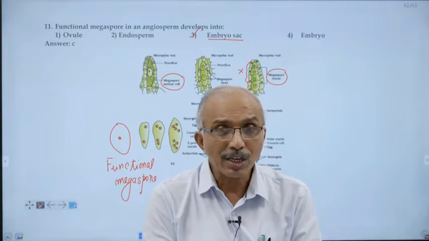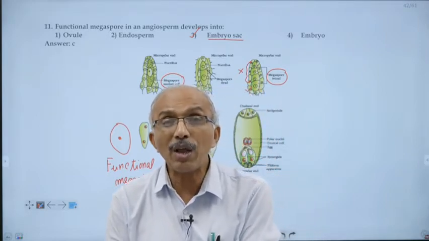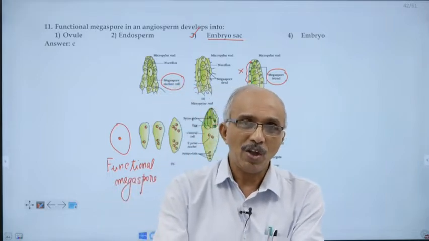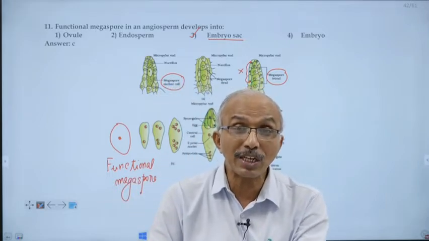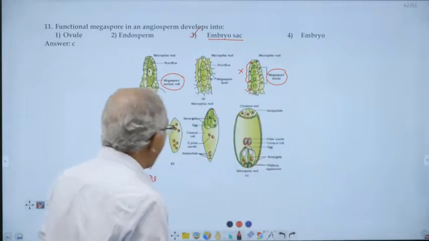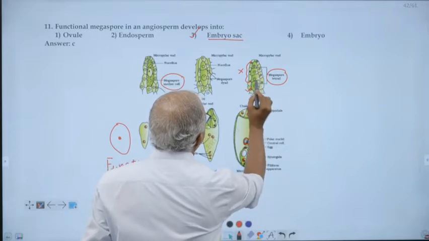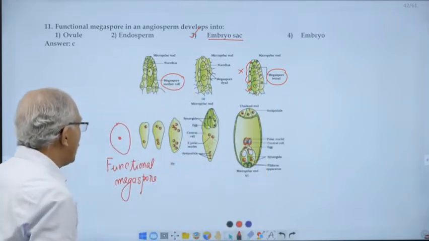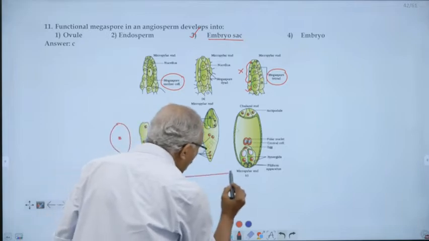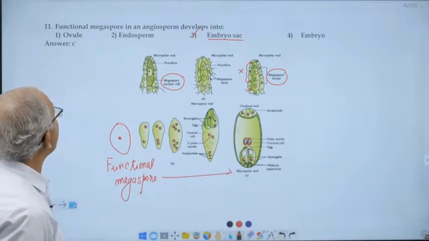So each meiosis produces four megaspores, but only one is functional. The functional megaspore produces the female gametophyte. So we get one female gametophyte because one functional megaspore is there. This is the development of the functional megaspore of angiosperm into the female gametophyte.